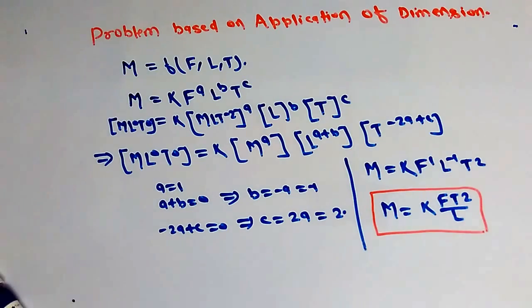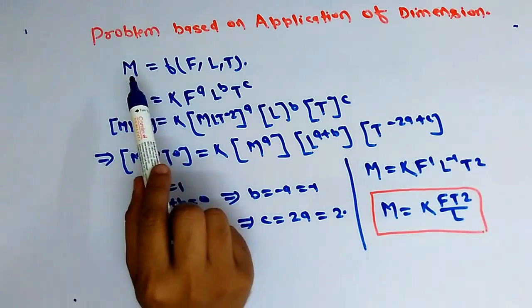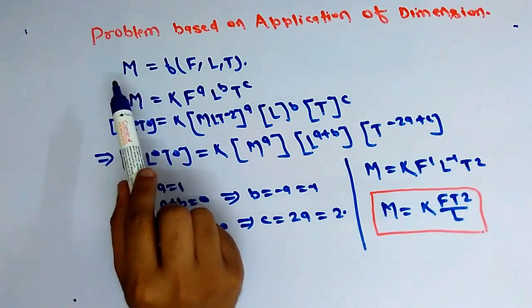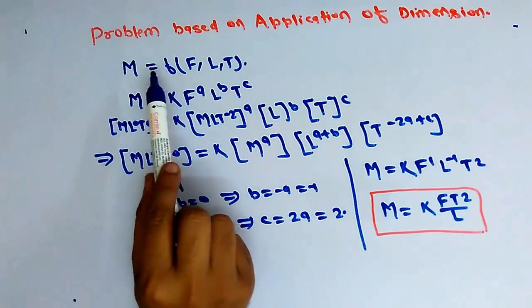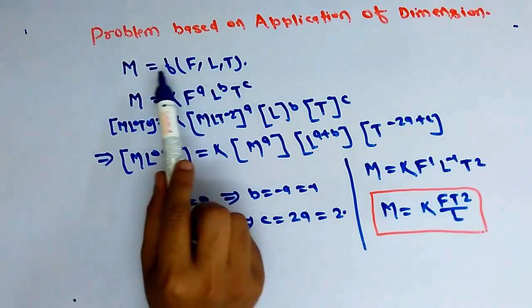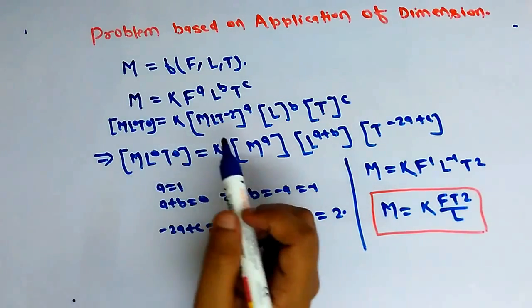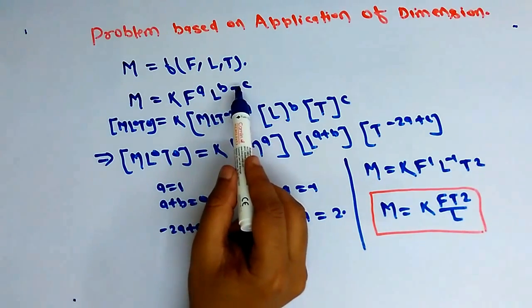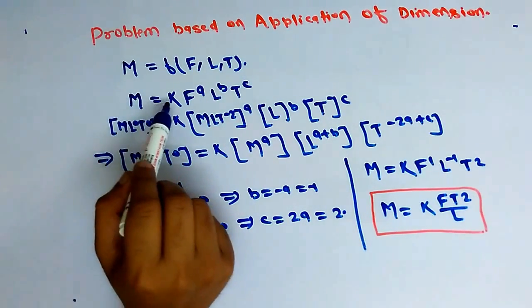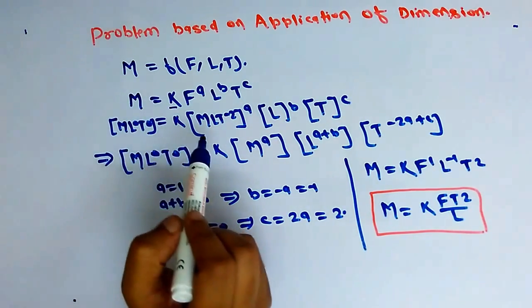In this problem, it was given that mass depends upon force, length, and time. So we had to generate a formula, or correlate mass as a function of force, length, and time. For doing this, we supposed force having a power of a, length having a power of b, and time having a power of c. Since m is proportional to these, we placed a proportionality constant here, and then did the dimensional analysis.